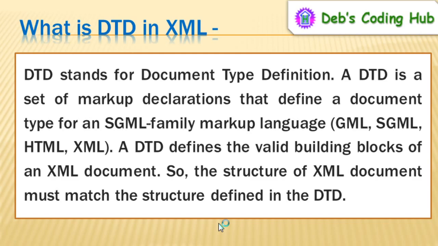A DTD defines the valid building blocks of an XML document. So, the structure of the XML document must match the structure defined in the DTD. So, if we use DTD, we will be able to define a valid structure for our XML document.